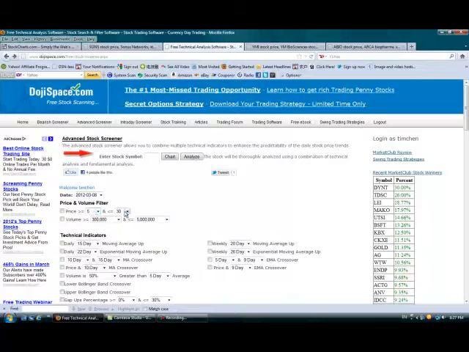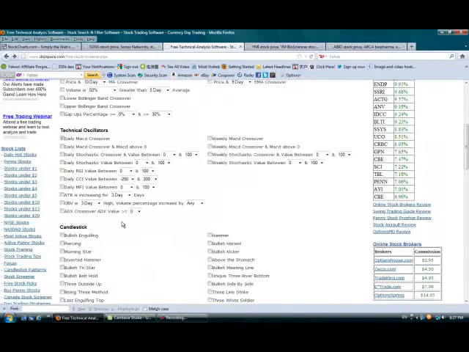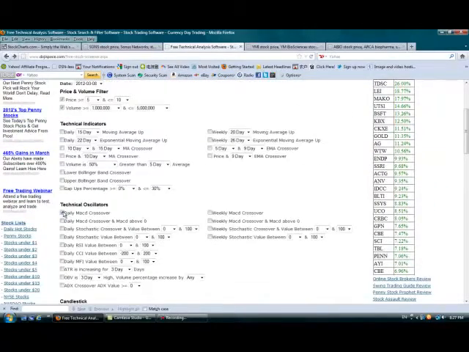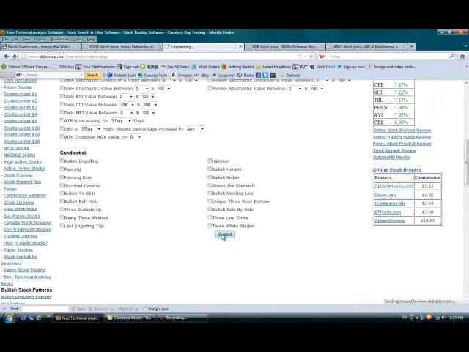Let's say you want only stocks trading from $5 to $10, and you want the minimum value to be 1 million to 5 million. Just check these two conditions along with the daily MACD crossover, and then you click submit again.